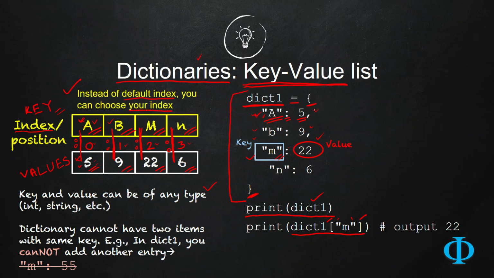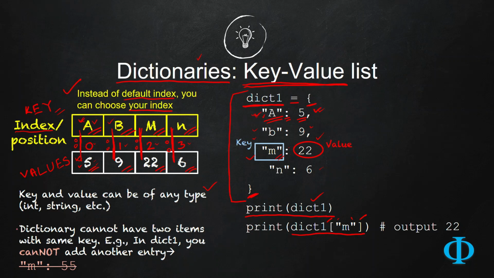Similarly, the value can also be any type of data item. Here I have used only integers like 5, 9, 22, and 6, but you can store a floating point number, a string, or whatever it is. So that is the idea of dictionary.